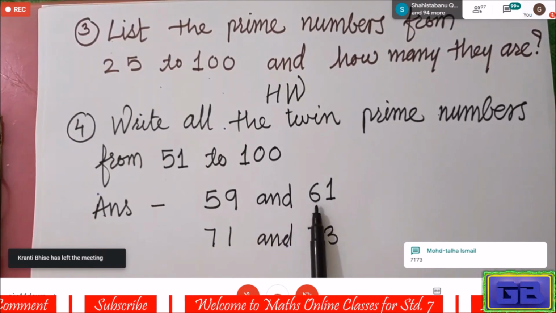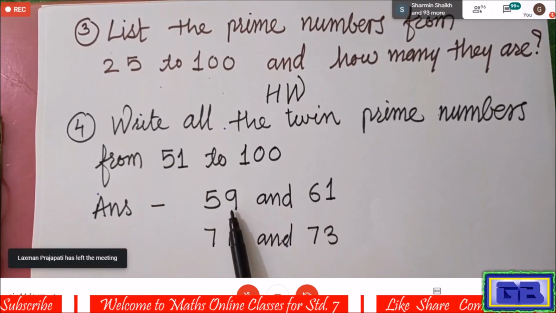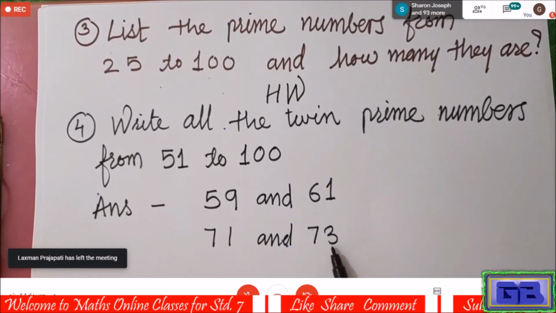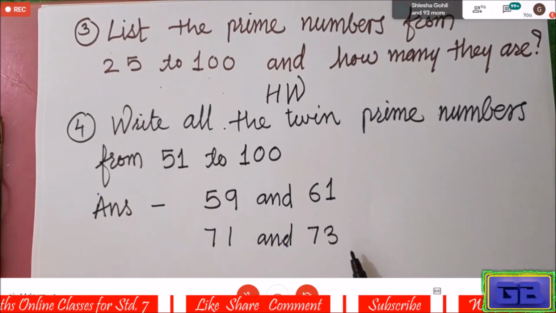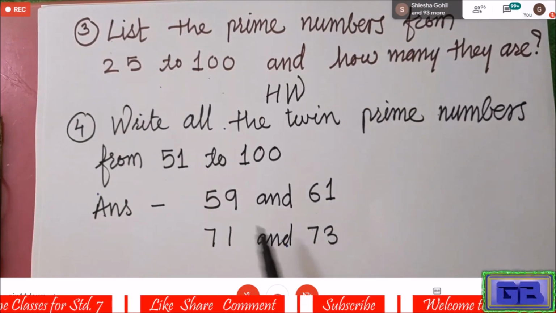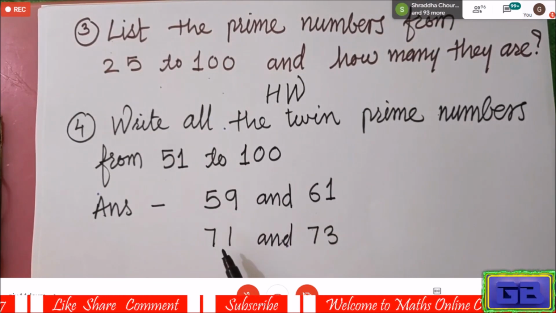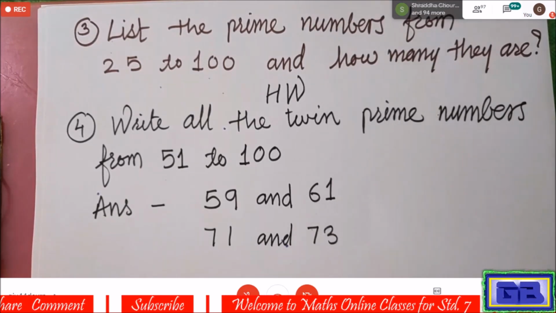When we subtract 61 minus 59, we get difference 2. Similarly, 73 minus 71, difference is 2. And both pairs are prime numbers. Write down these two answers.